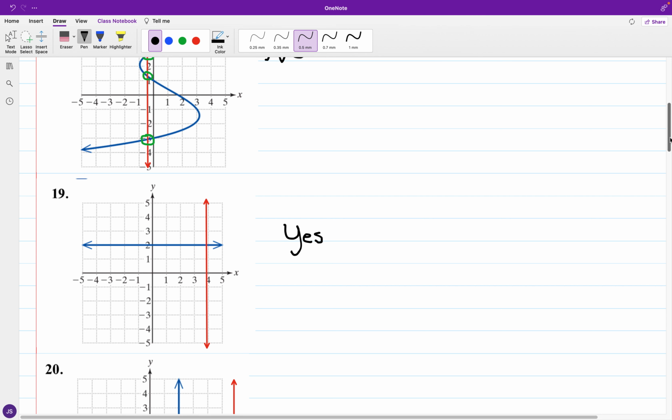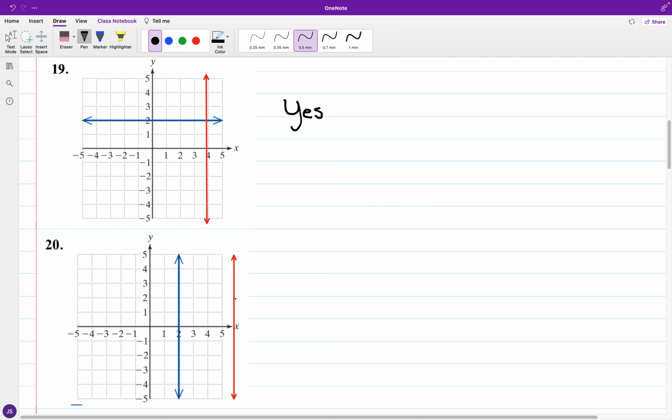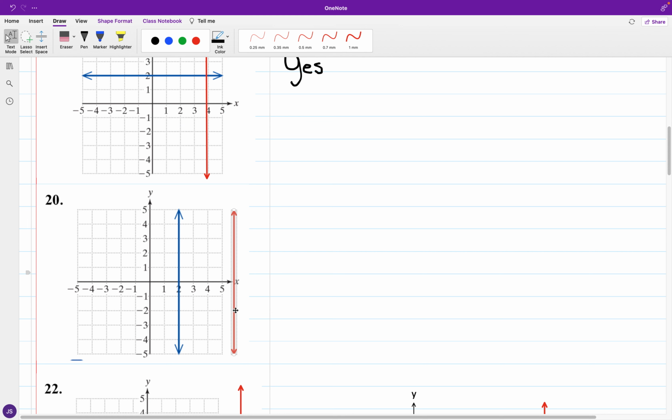Looking at the case of a vertical line, and determining whether that is a function or not, you're going to have intersection at an infinite number of points.